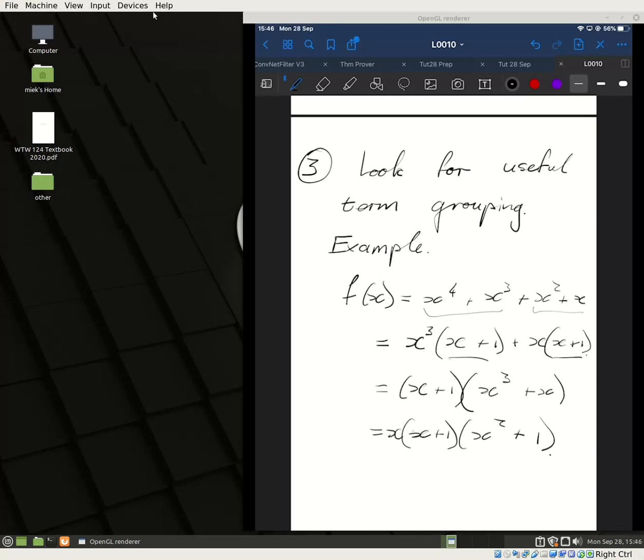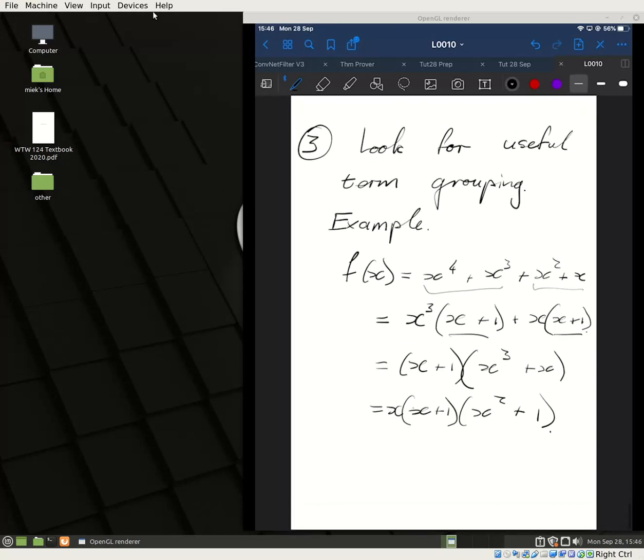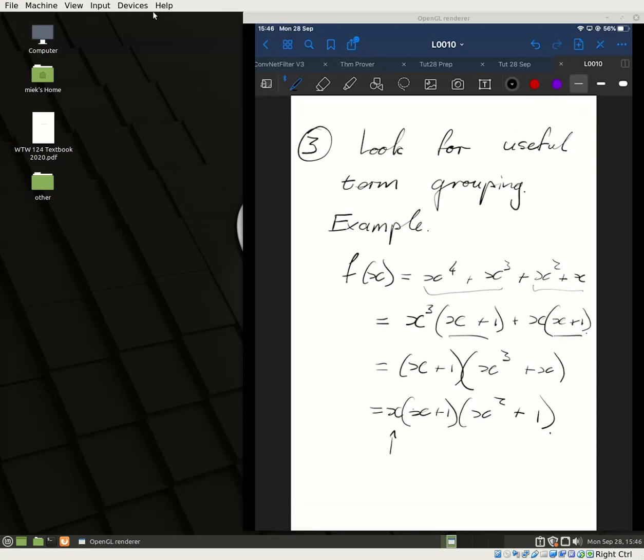So here we have done a whole bunch of factoring, and we see immediately 0 is a root and minus 1 is a root, and we are left with this factor. We have at least determined 2 of the roots of our polynomial, 0 and minus 1.